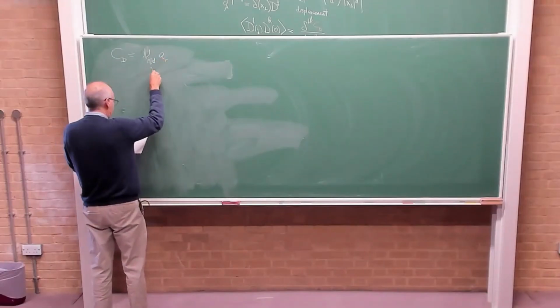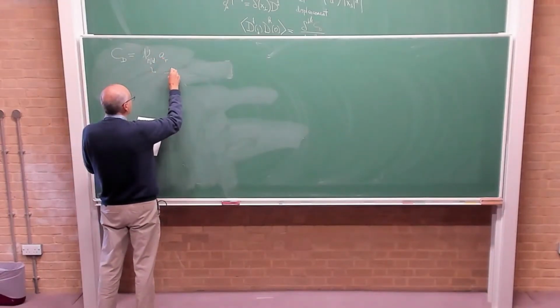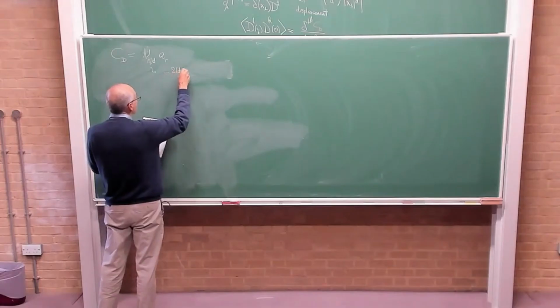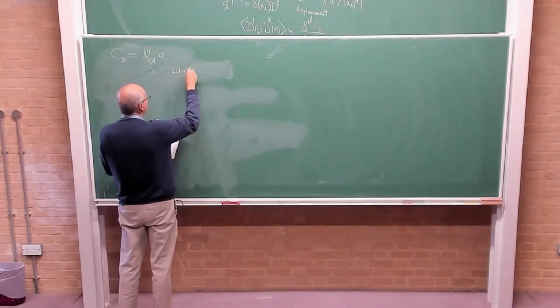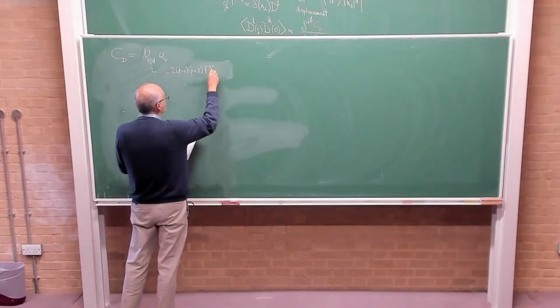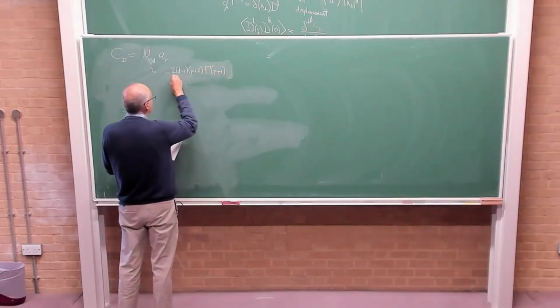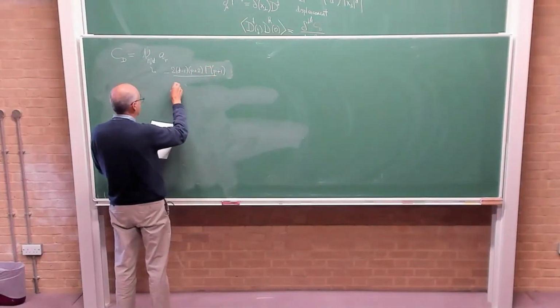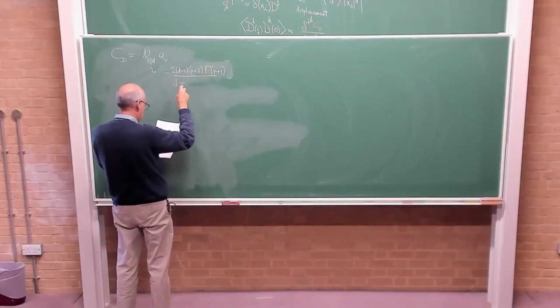And this coefficient is some combination of gamma functions, p plus 2, gamma of p plus 1, over d.